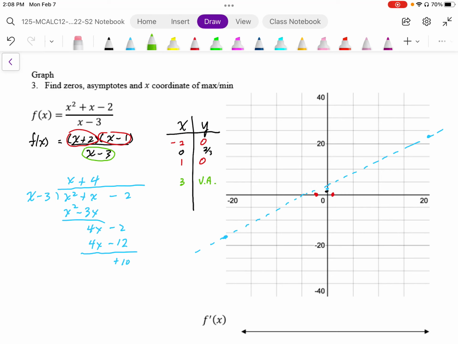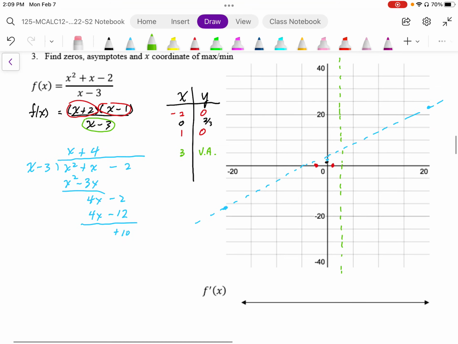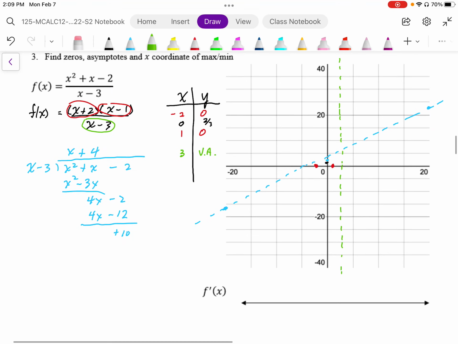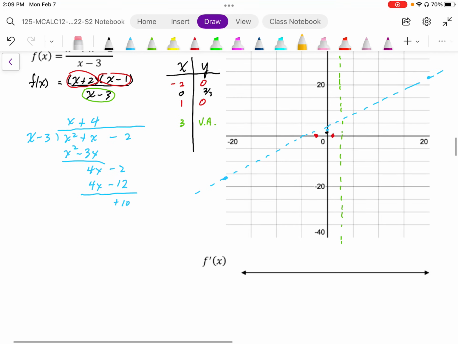We have to put in our vertical asymptote at x equals 3. So at x equals 3, we have our vertical asymptote coming through here. And then we can find our derivatives to locate our min and max points. I'm going to do the derivative in red here.